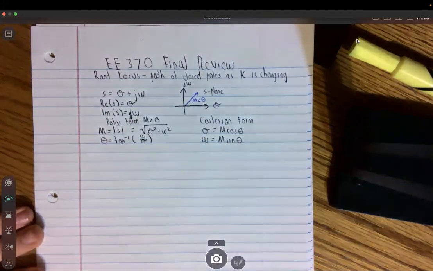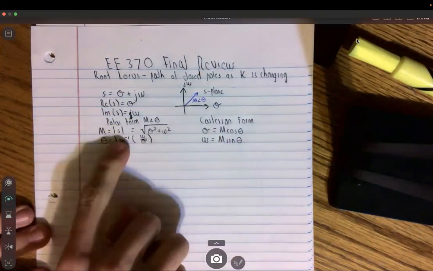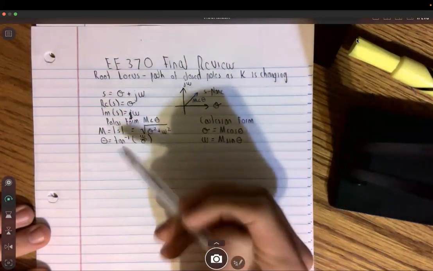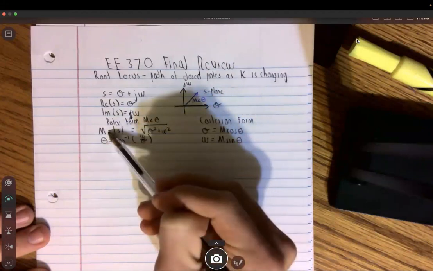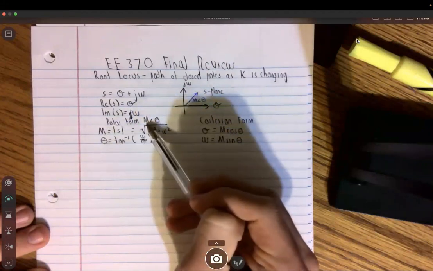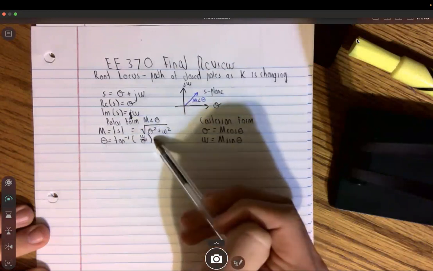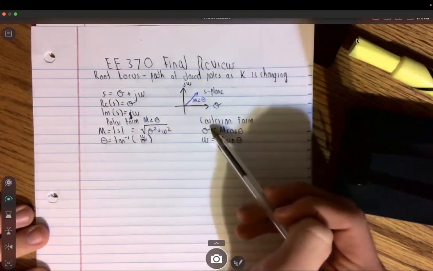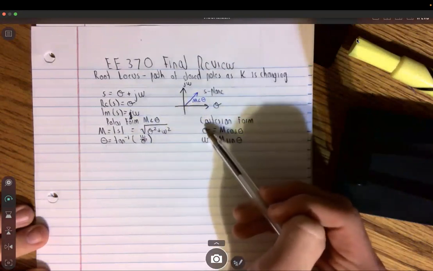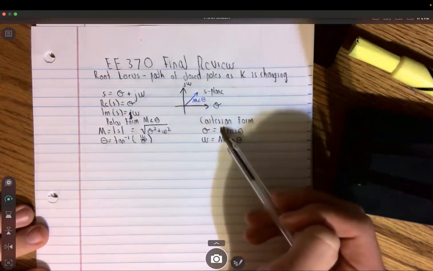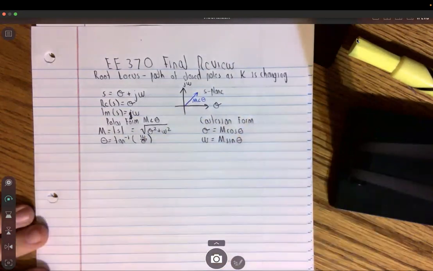To convert between the two, this is how you would go to polar, getting your magnitude and phase angle from the Cartesian elements, the sigma and the omega, and how you would go to Cartesian from the polar elements of the magnitude and phase angle.